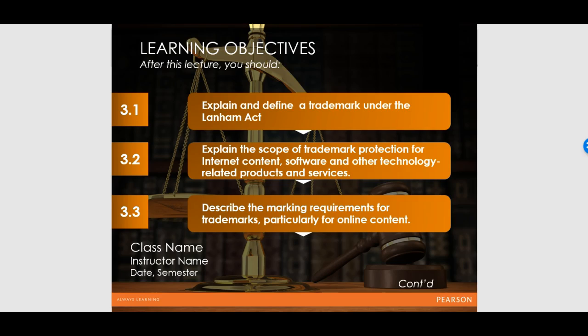So by learning what it is, we'll also understand how we can protect trademark. And then we'll look at the requirements, how we can register a trademark, and how we can inform the public our trademark is registered.